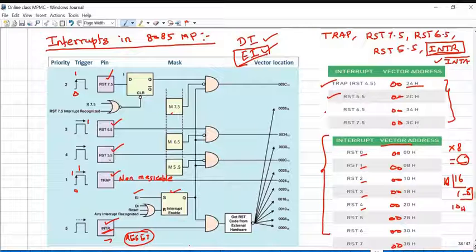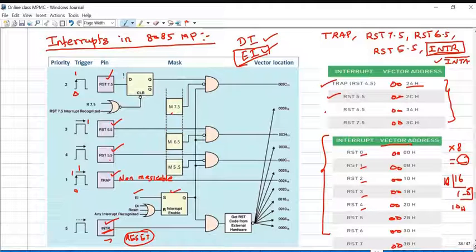The interrupt enable flip-flop controls all the interrupts. Out of 7.5, 6.5, 5.5, RST 7.5 has one internal D flip-flop, because this is edge triggered type, so we need to store the information.